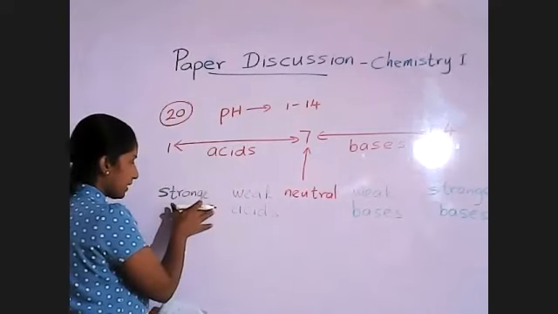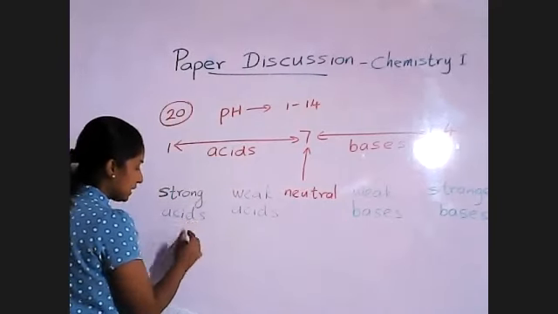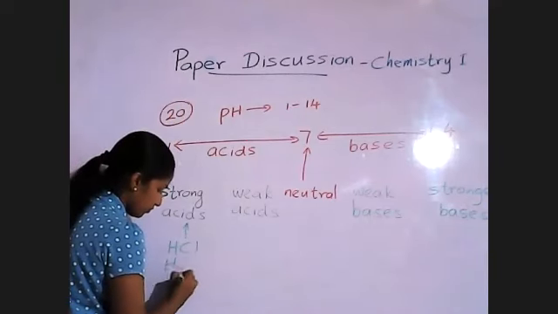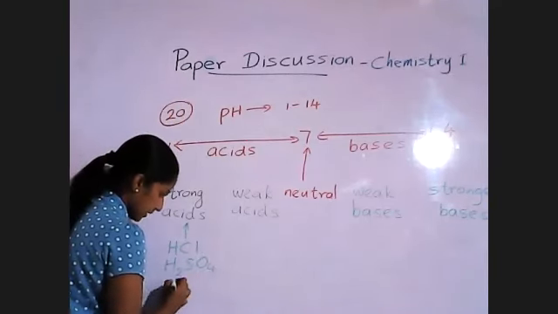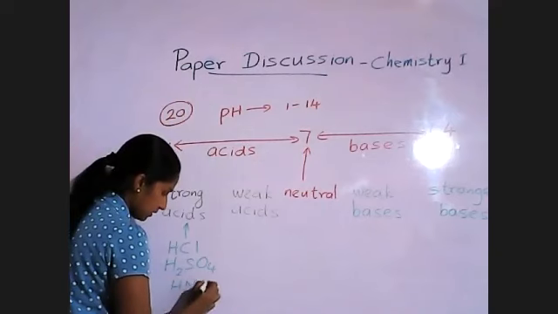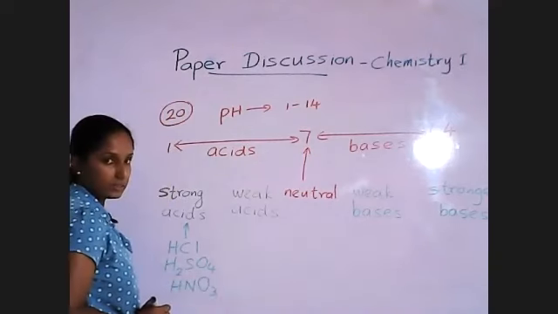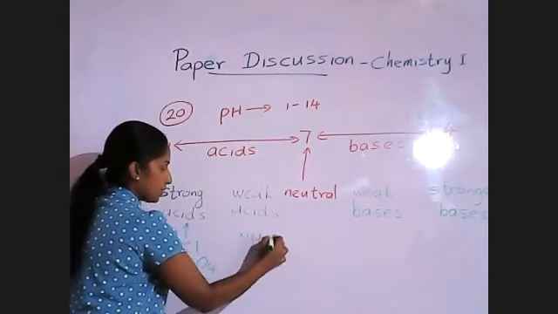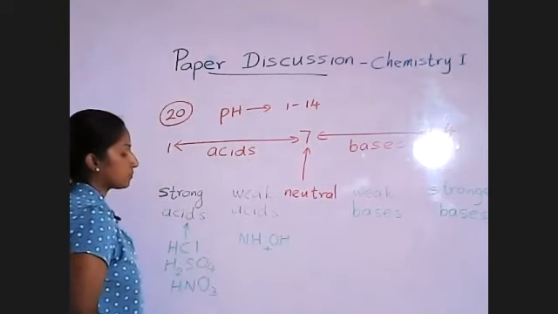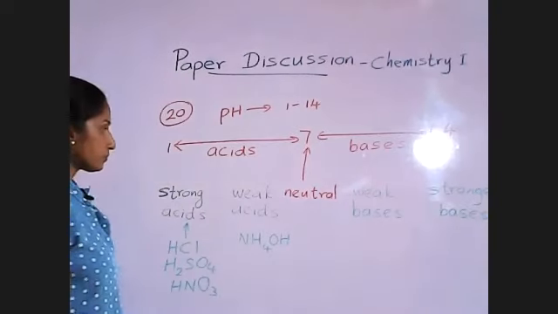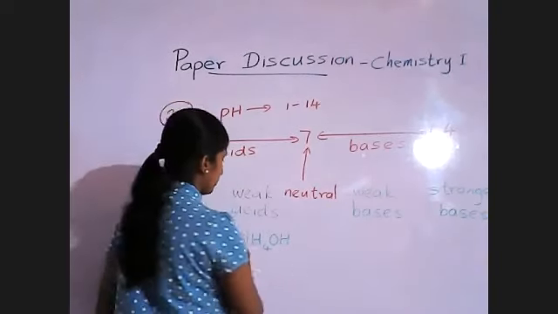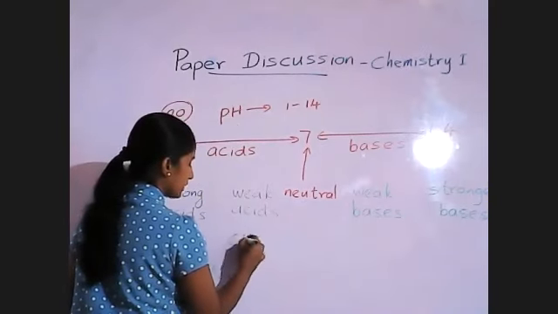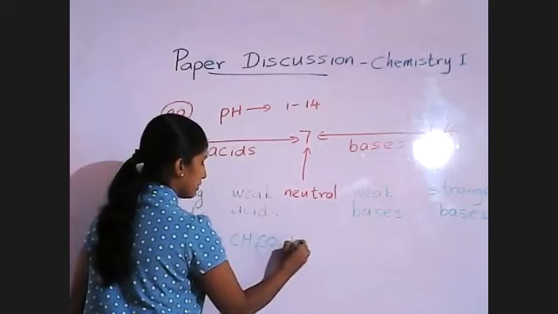So we can find the strong acids here, like HCl, H2SO4, HNO3. For the weak acids, like CH3COOH.